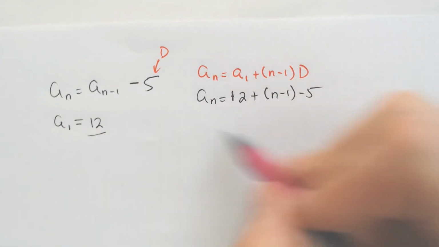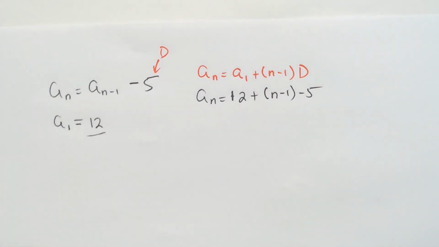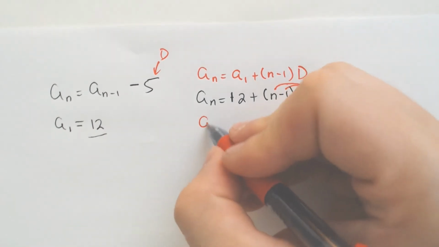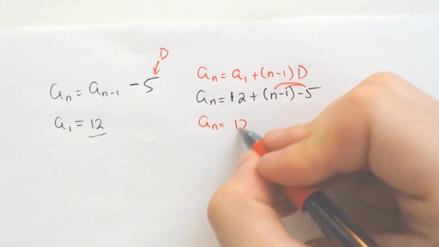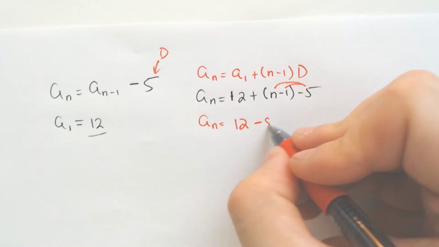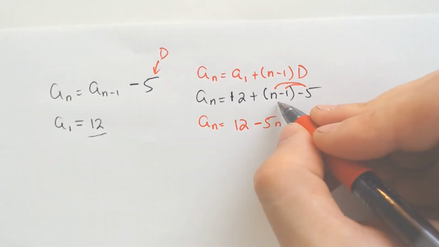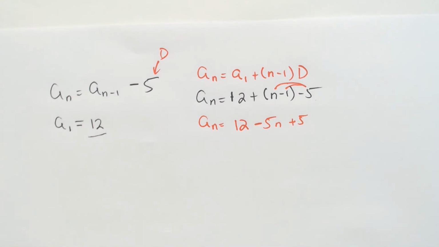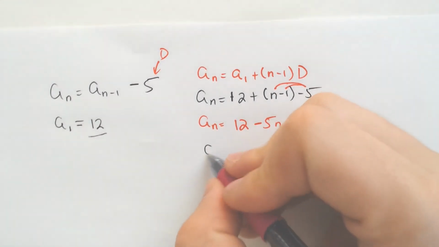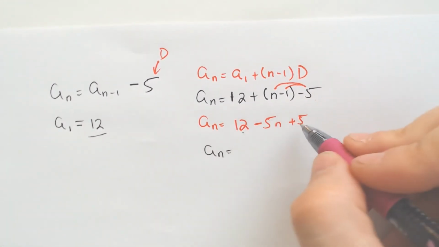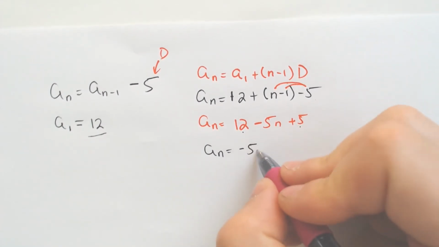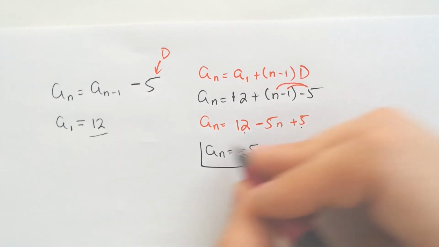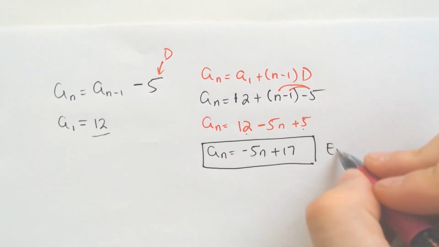As before, this is correct. That is a fully correct answer, but most of the time you're going to be expected to distribute. So a_n would equal 12 minus 5n, because that's negative 5 times n, and then plus 5, because that's negative 1 times negative 5. And then you combine like terms, and you get a_n equals 17 minus 5n. So that is our explicit version of the formula.